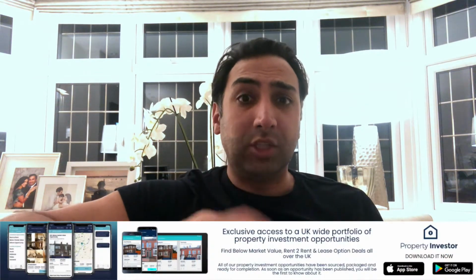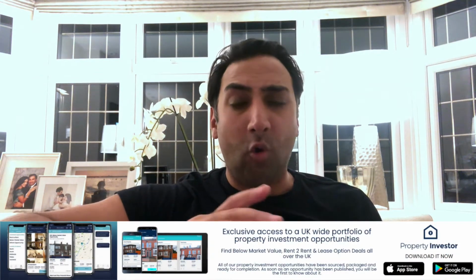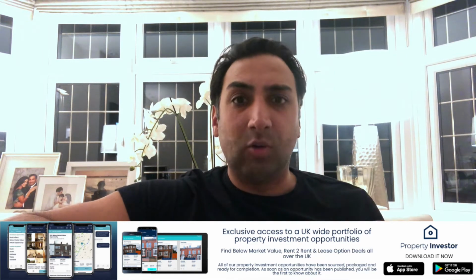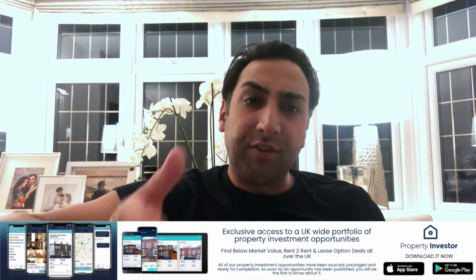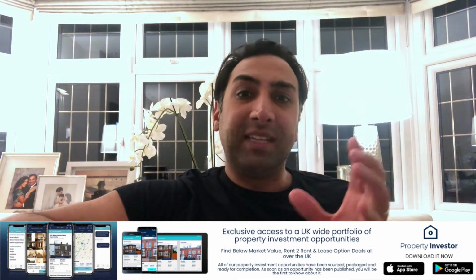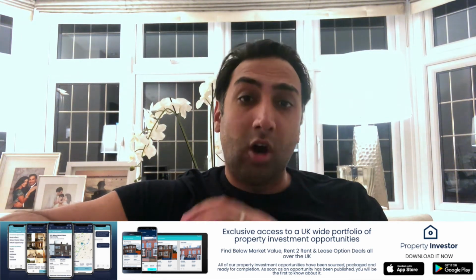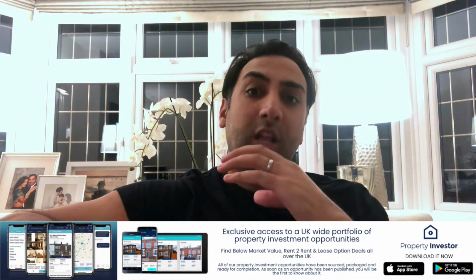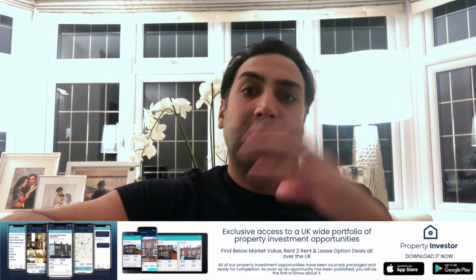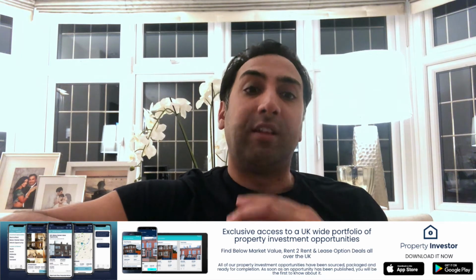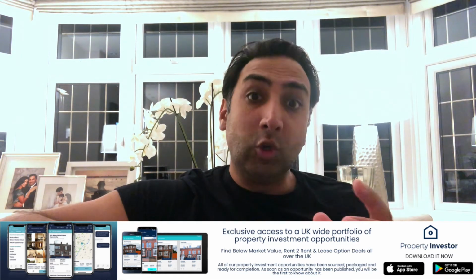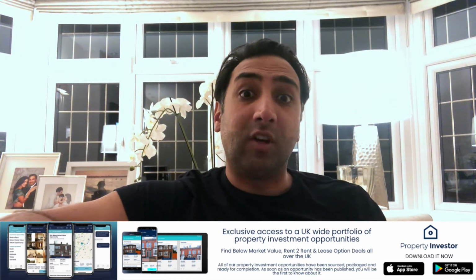And in this example, we've just used it for HMOs. We can refer back to this for all kinds of things. So it could be single lets, it could be pieces of land. Have you ever come across pieces of land? You've got pieces of land that have got planning permission, and you've got pieces of land that have got no planning permission. The guys that have gone off and got planning permission are the ones that are generally achieving the higher price, because they've spent some time, they've put some resources behind it, and they've gone off and got that gain.